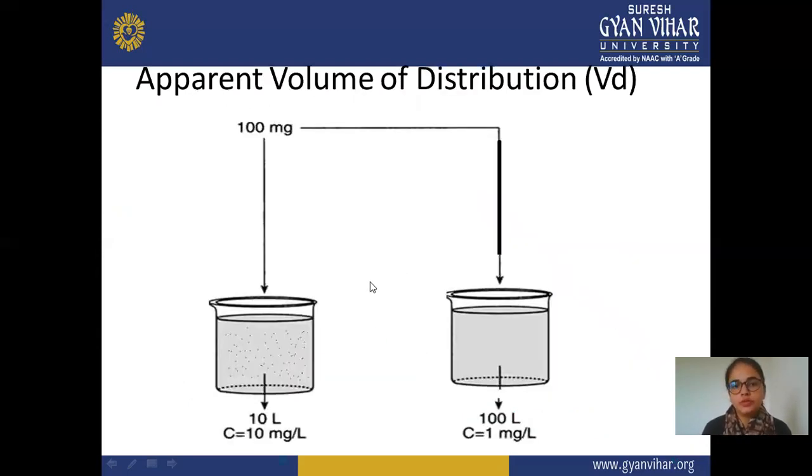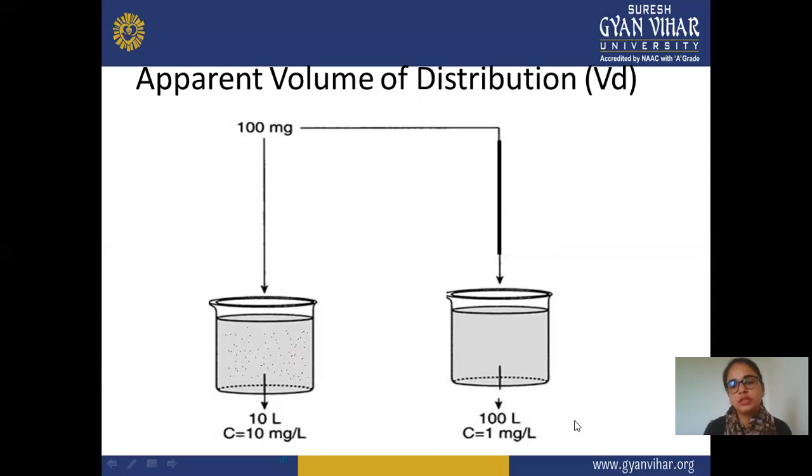So this is the log equation of this one compartmental open model. Now, apparent volume of distribution. Suppose there are two bodies, and we are considering one body with 10 liters, where the concentration is 10 mg per liter. Total amount is 100 mg of your drug.